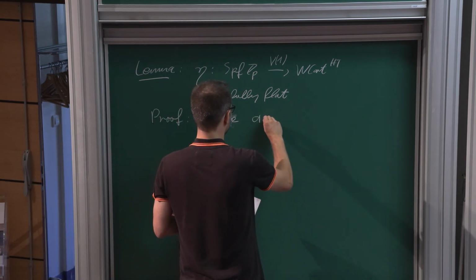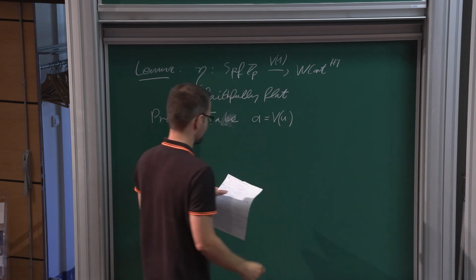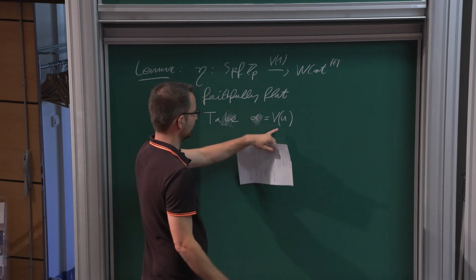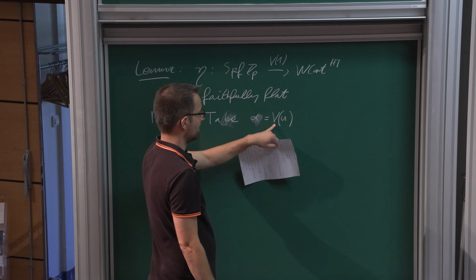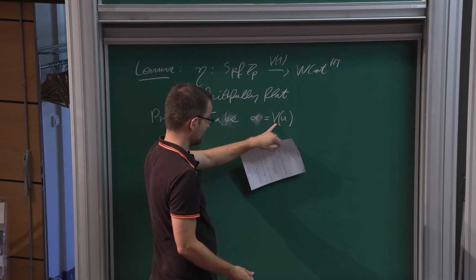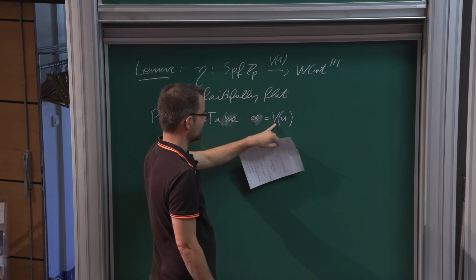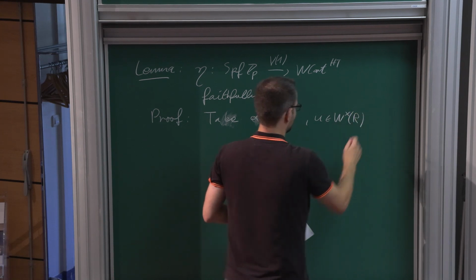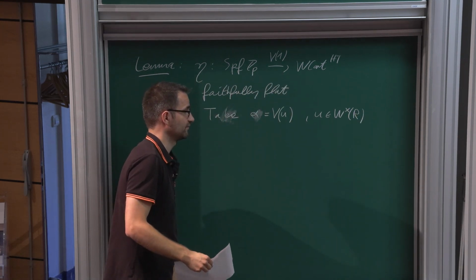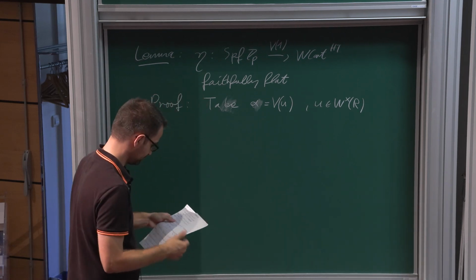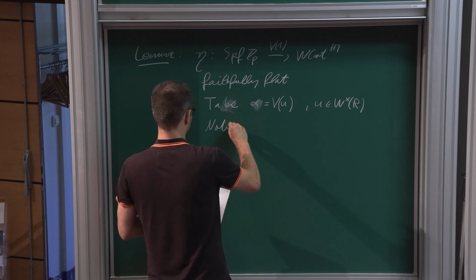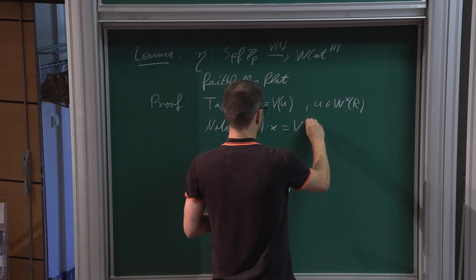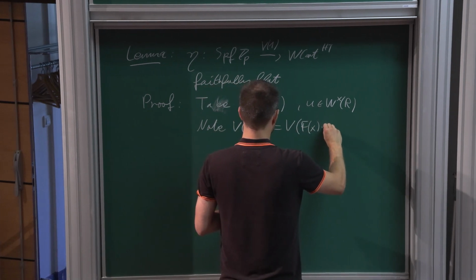We have to take any point in the Hodge-Tate locus, and the respective point, by the assumption on factoring through the Hodge-Tate locus, will have the property that it's given, at least locally, by multiplication with the element V of U, where U is a unit inside the Witt vectors of R. And so now note that we have the following equation: V of U times X is equal to V of F of X times U.